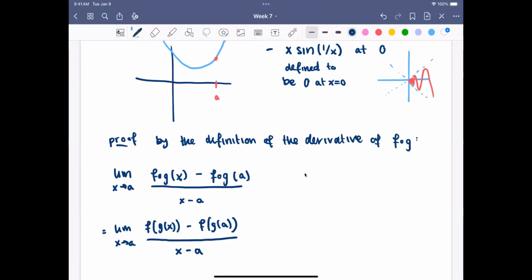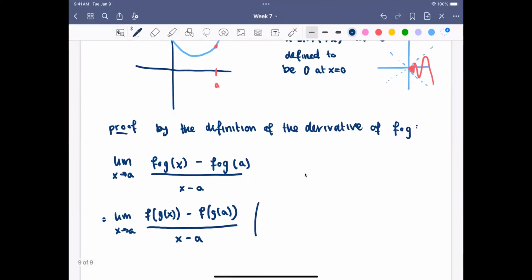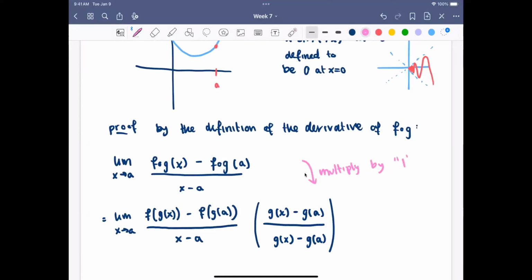In order to do that, I'm going to multiply by 1, but I'm going to make a clever choice of 1. So my 1 is going to be g of x minus g of a divided by g of x minus g of a. So this is multiplying by, I'll put it in quotes, 1.